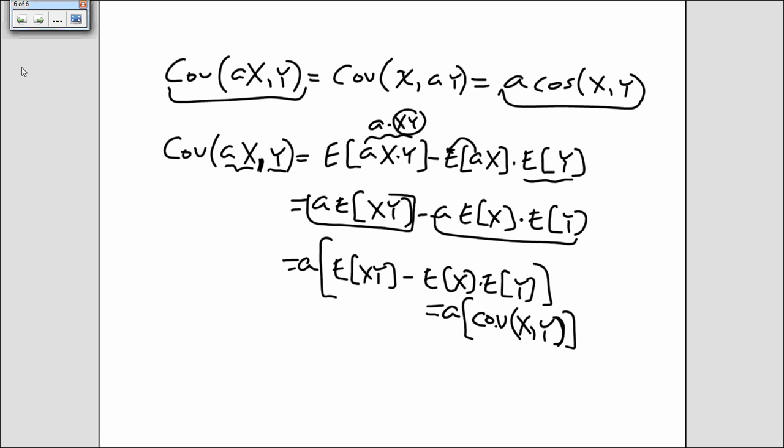I'm going to use this fact to prove that middle term in the top line, the covariance of X comma AY.